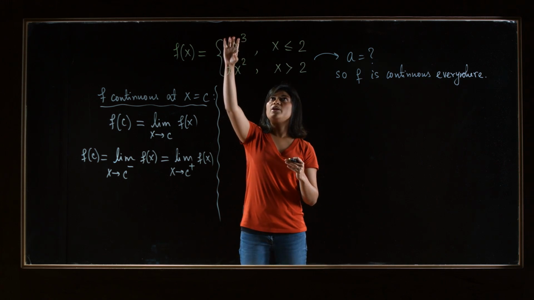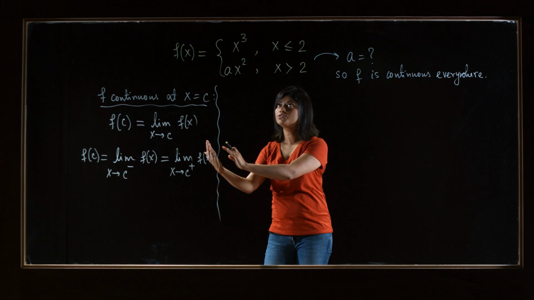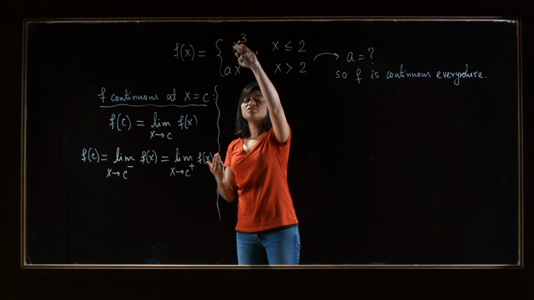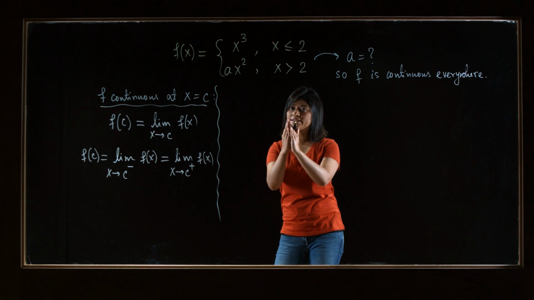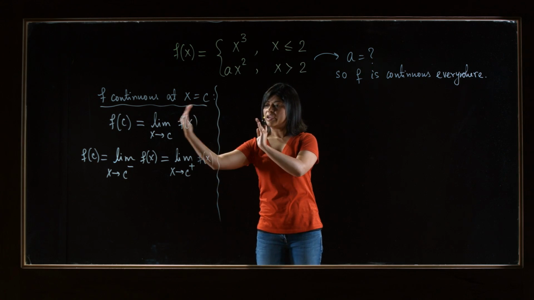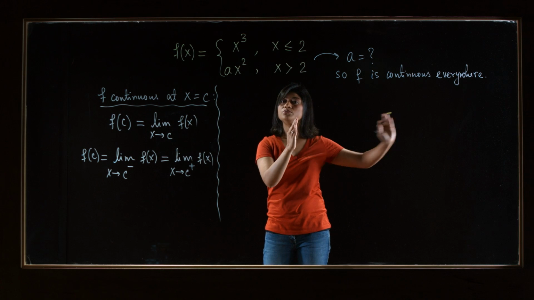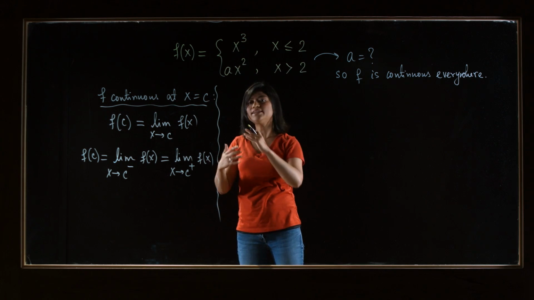The first part says for every x less than or equal to 2, the function looks like x cubed. So if we divide the entire real line into two parts, everything up to 2 and then 2 to infinity, on the left-hand side the function looks like x cubed, and that is a polynomial.